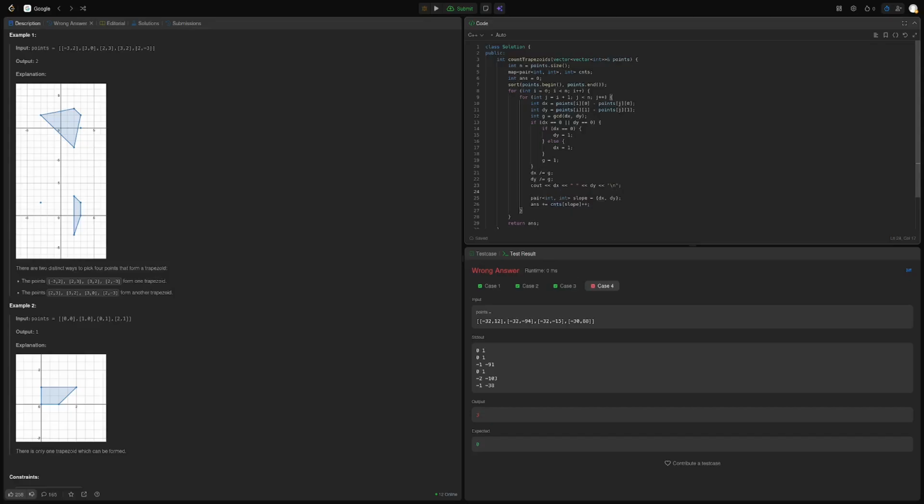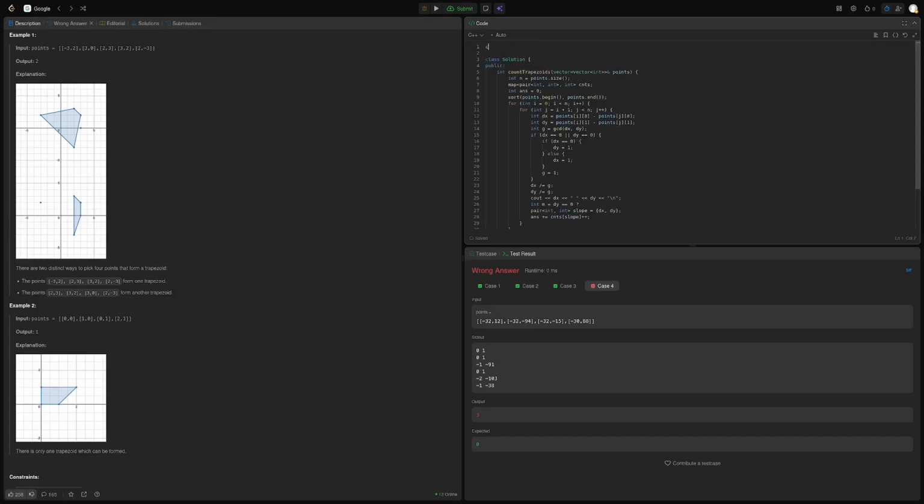Okay, so that's the slope. So int m is equal to dy, if it's 0 then it's 0, otherwise I don't know, it should be like 10 to 9 or something like that.